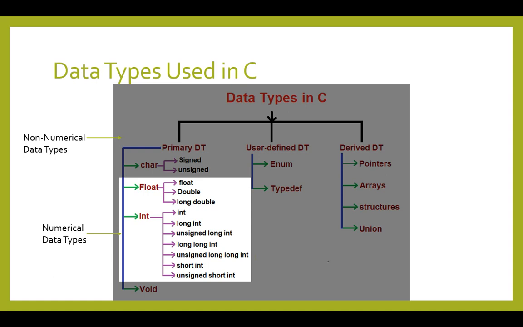So we can have 4 decimal points, let's say 7.2513. So we are having 4 decimal places. So the precision of that number is greater than the previous one.